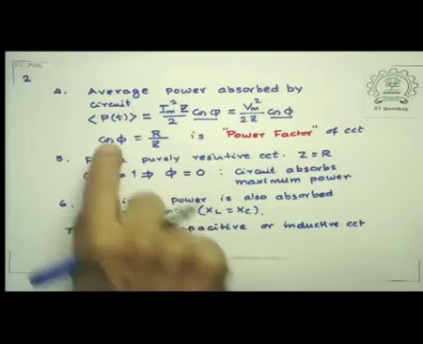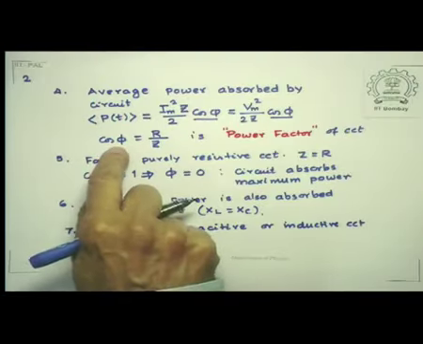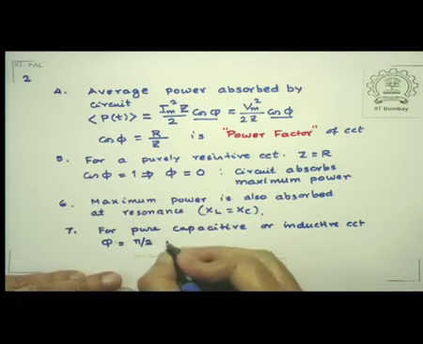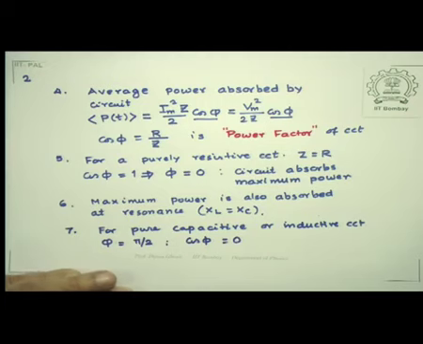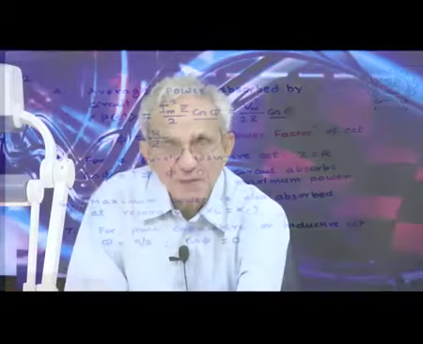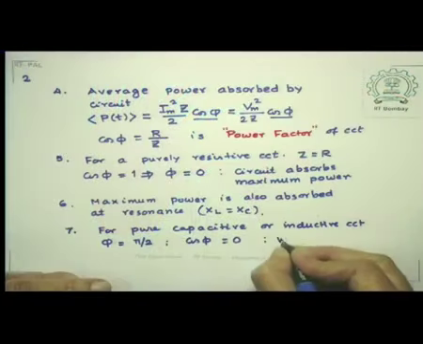Now, in either case, cosine of phi becomes equal to 0. In other words, for either of these cases, namely purely capacitive or inductive circuits, no power is dissipated, and such circuits are known as wattless circuits.